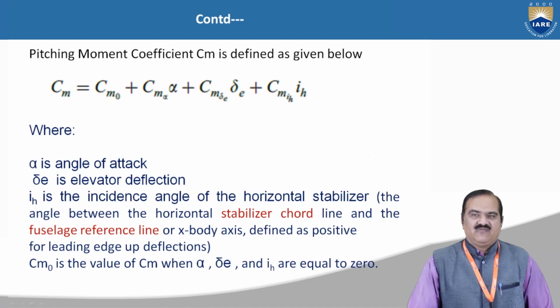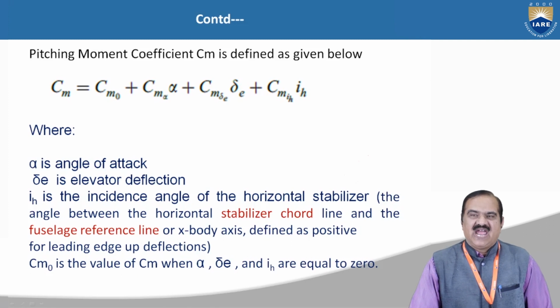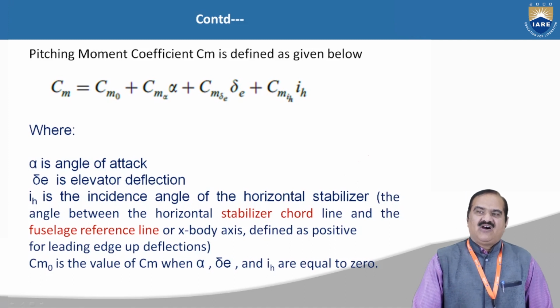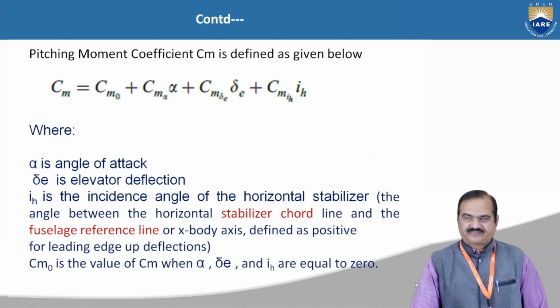Cm naught is the value of Cm when alpha, delta E, iH are equal to 0. So Cm naught is the trimmed condition at which all angles, including angle of attack, elevator angle, or the tail plane are fixed at 0.